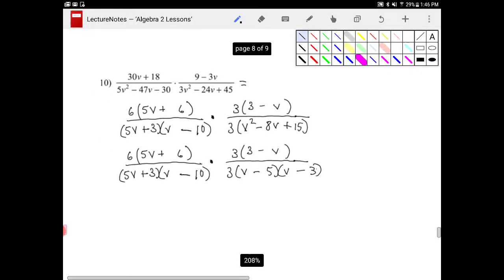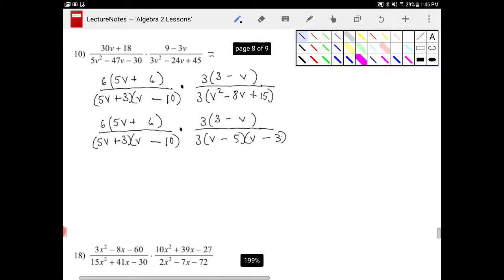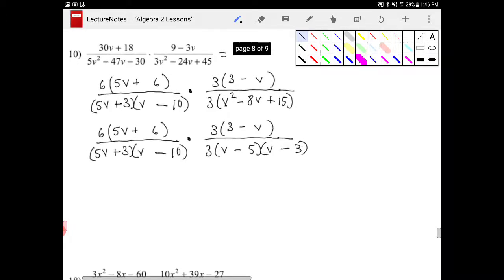Something needs to be said about this situation here. Notice right now I have 3 minus v and v minus 3. They look really similar, don't they? Well, that's because they are the same, with a factor of -1.